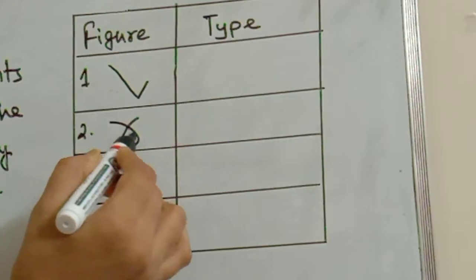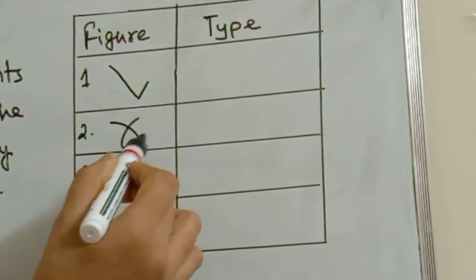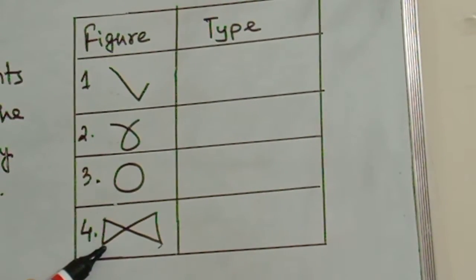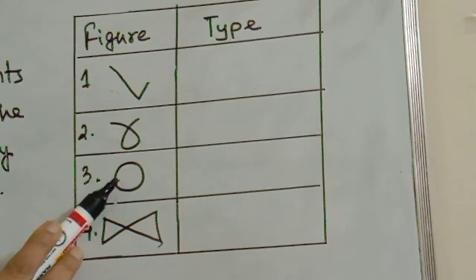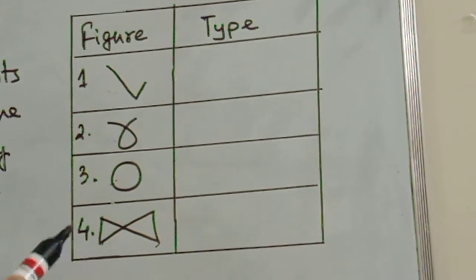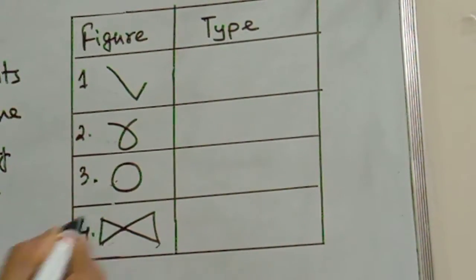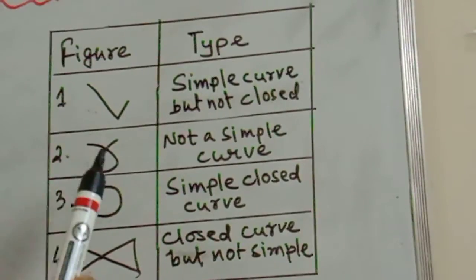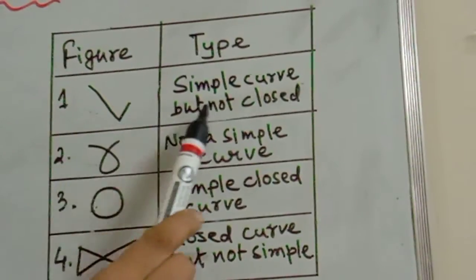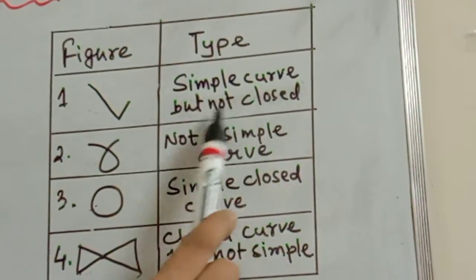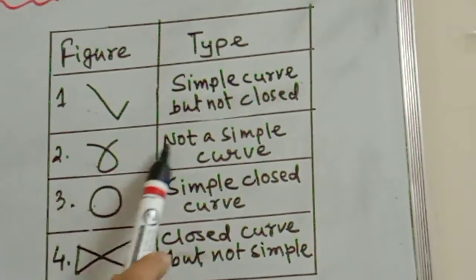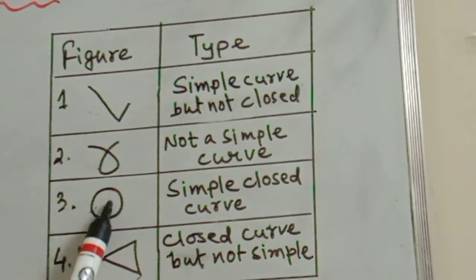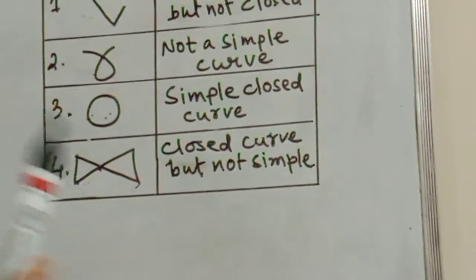So it is closed but not simple. It is a simple curve. It is a closed curve. It is a closed and simple curve. It is a closed curve but not simple, because you can see intersecting parts here. So what can you write now? This one you can write simple curve but not closed. This one is not a simple curve because a retracing part is there. Simple curve, closed curve but not simple.